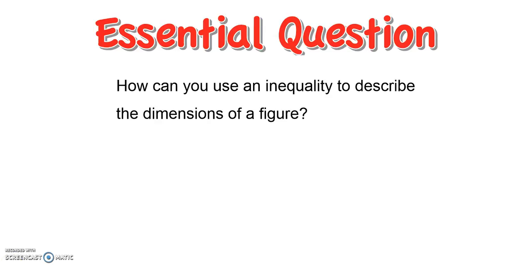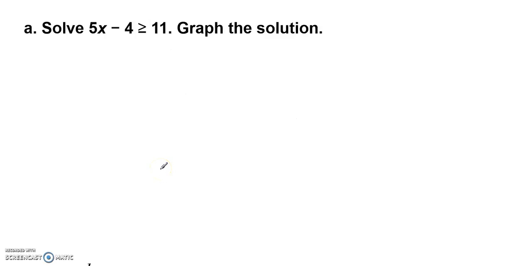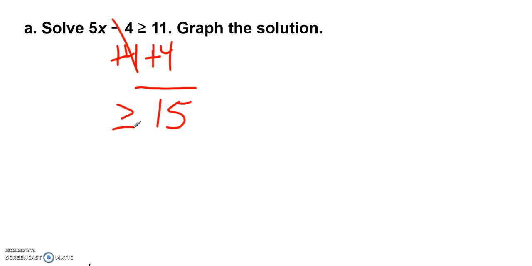Okay, so moving on, they say solve 5x minus 4 is greater than or equal to 11 and then graph it. So I'm going to add 4. That gets rid of it. This is going to turn into 15 is less than or equal to 5x.